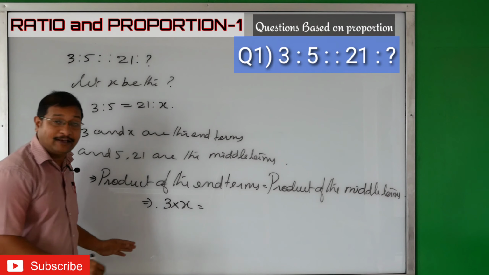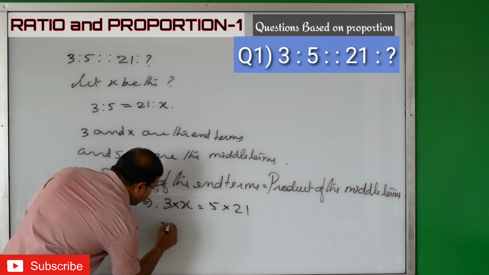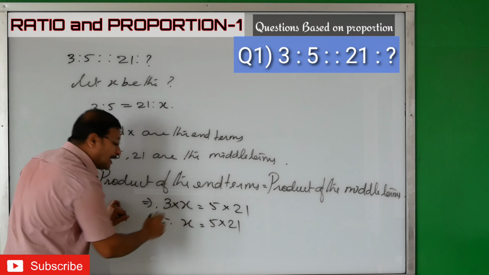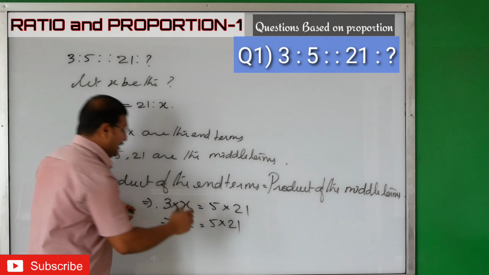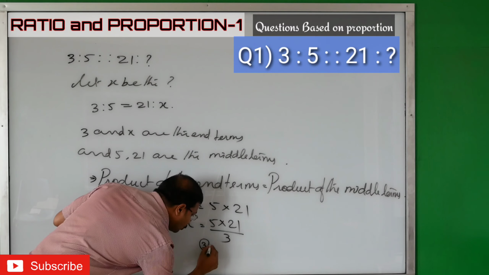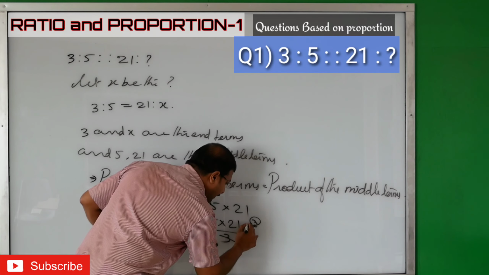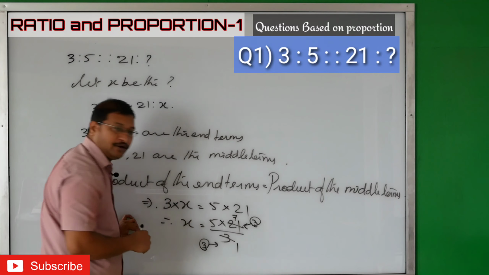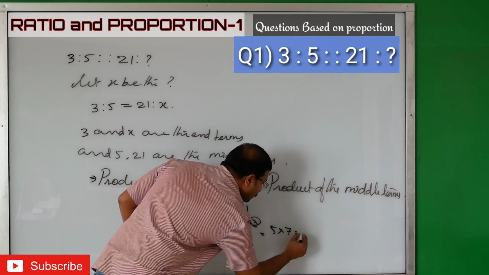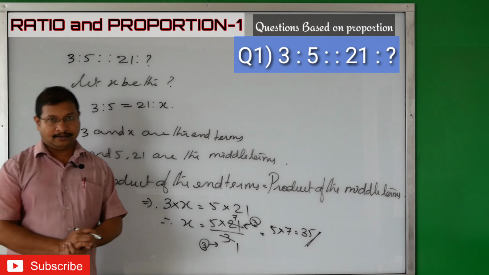The middle terms are 5 and 21, 5 into 21. Therefore, x equals 5 into 21 divided by 3. The 3 is multiplying, so it goes to the other side, divided by 3. Now we can cancel by 3. 3 ones are 3, and 3 sevens are 21. So we got 5 into 7 equals 35. So the question mark is 35.